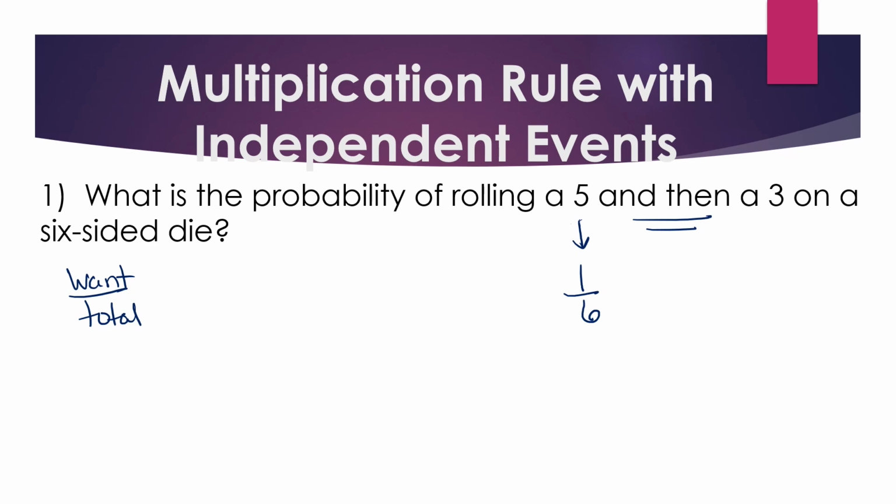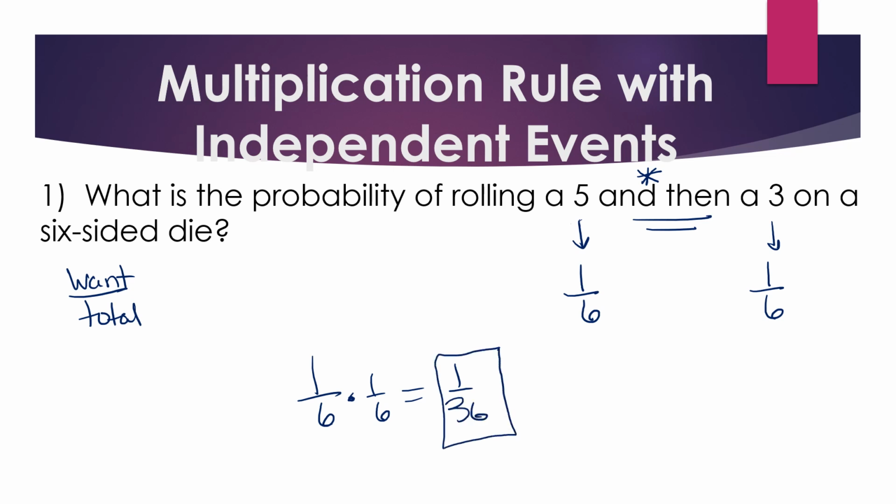And then, anytime it says and, you are going to multiply. This is the multiplication rule. And then rolling a 3. So again, to roll a 3, there's only 1 out of 6 choices. So if I take 1/6 and multiply it by 1/6, we get a probability of 1 out of 36. And we're not going to go around talking about it like that, so we're going to put it into decimal form, which is 0.0277 repeating.